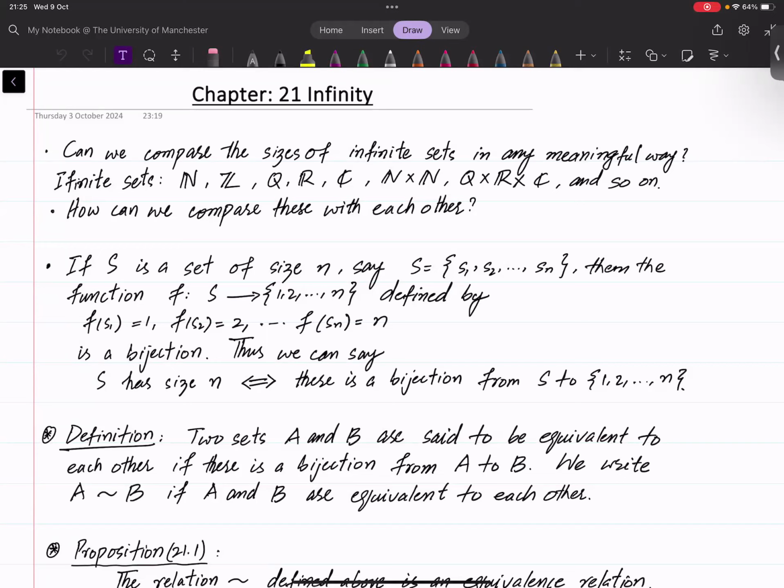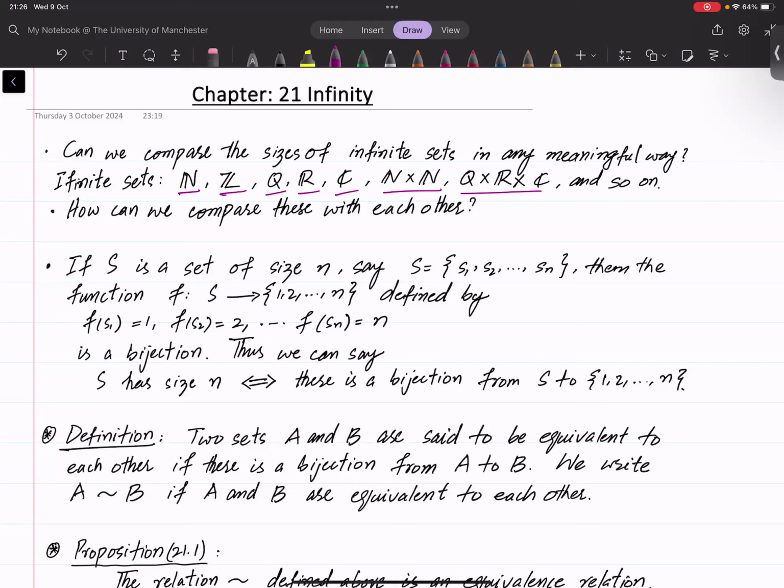So we know that the infinite sets are natural numbers, integers, rational numbers, real numbers, complex numbers, and then you can take their Cartesian products and so on. Do you know some way to compare these with each other?